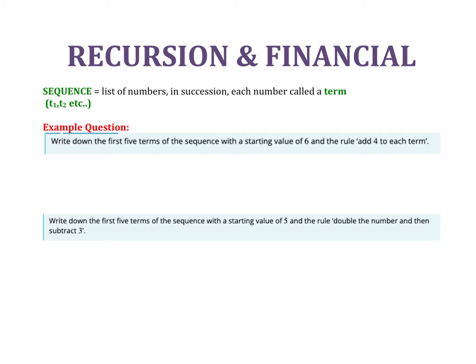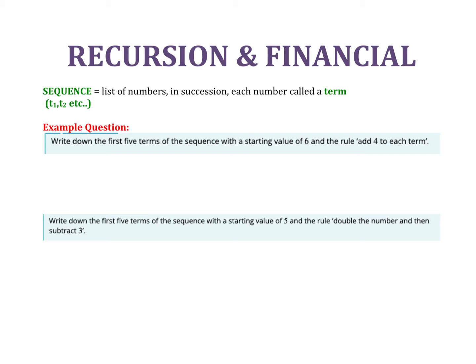Okay, so we're starting the new topic of recursion and financial maths. As I said, this is a topic that you'll do next year in Year 12. Recursion is a type of mathematical language where we write things out in a certain way when we have formulas. Recursion means how we get the next term using the one before.